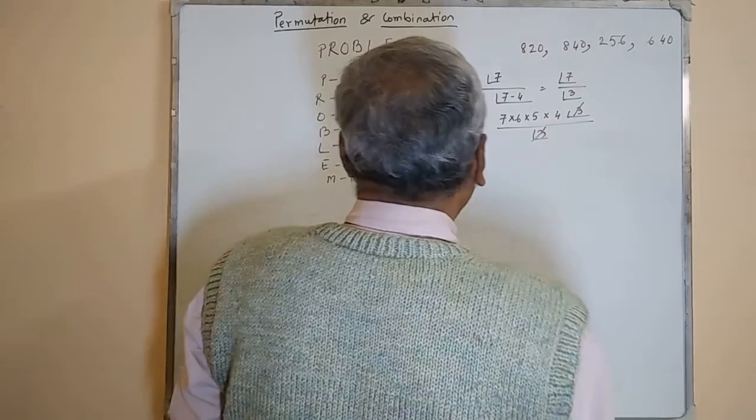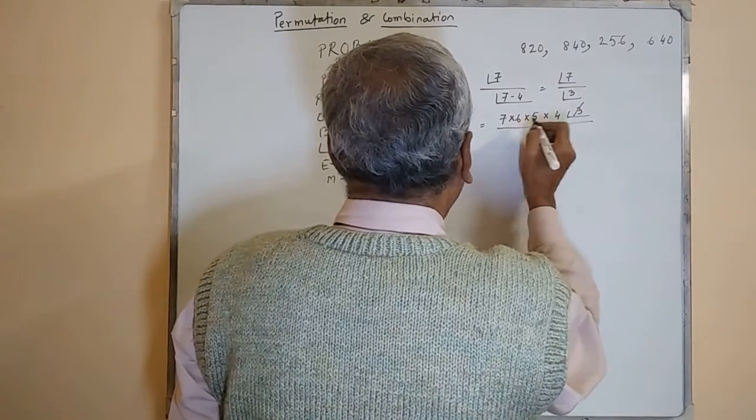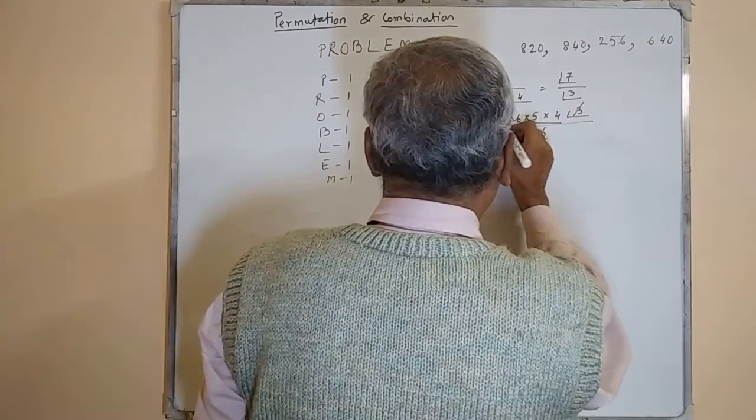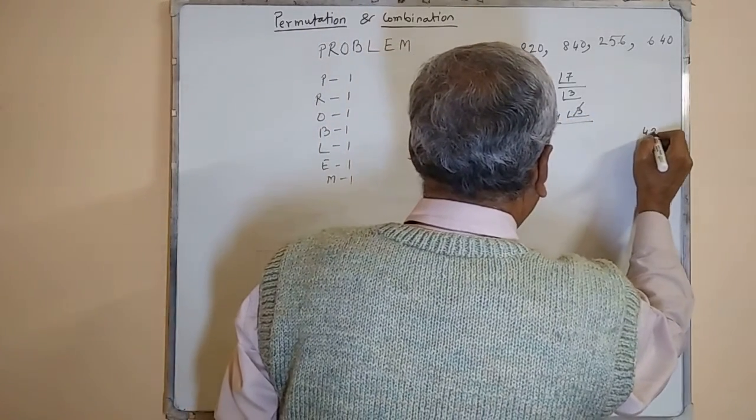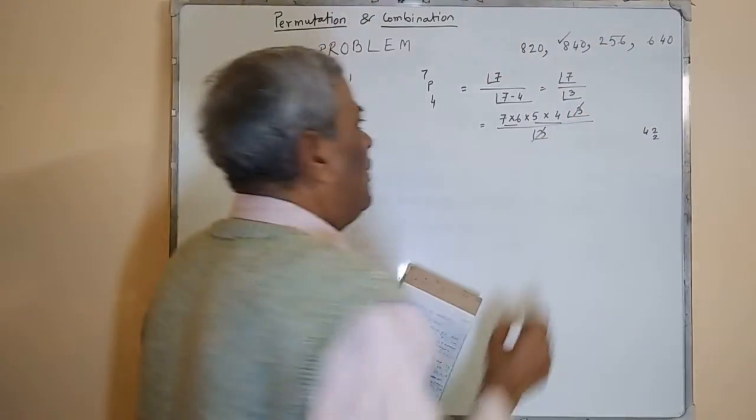Cancel. Now it is 7 into 6 into 4 into 5, that is 42 into 20. So 840. So this is our answer.